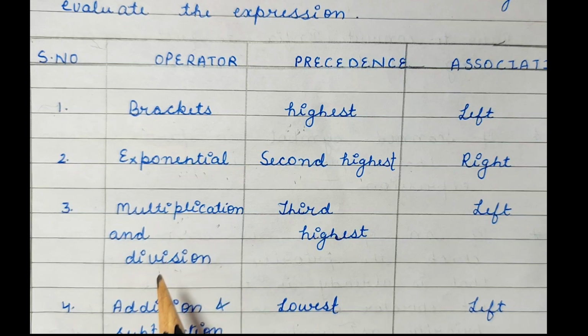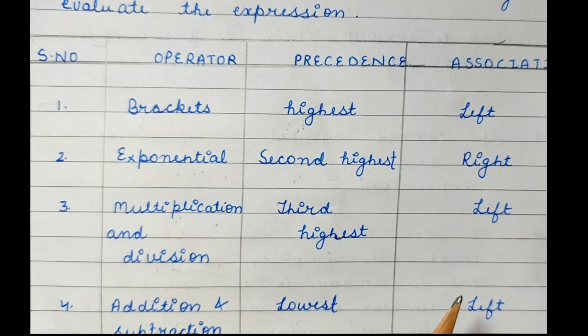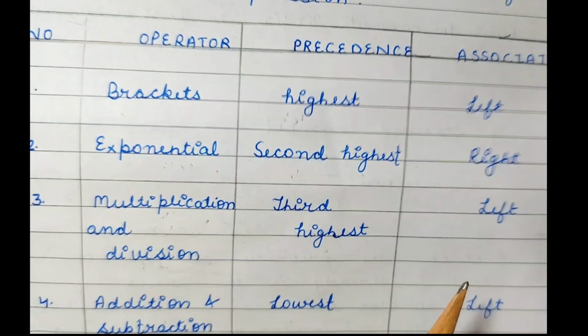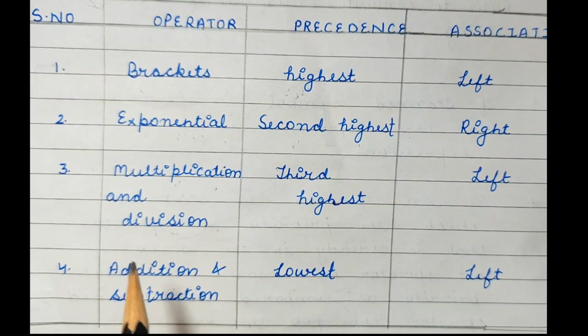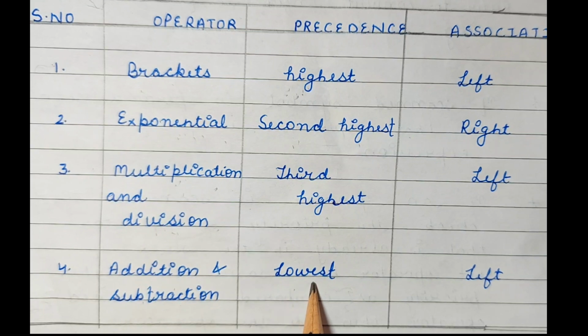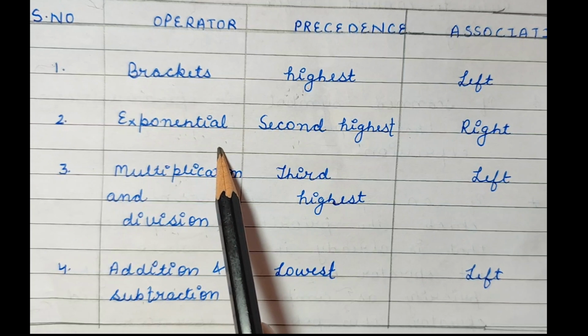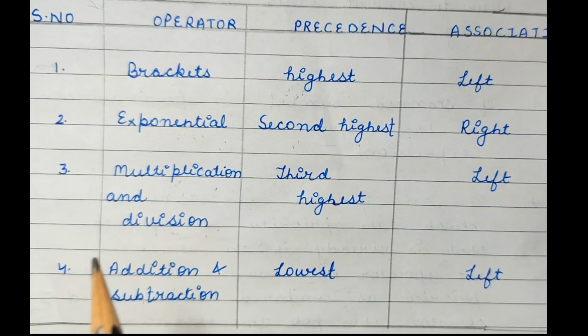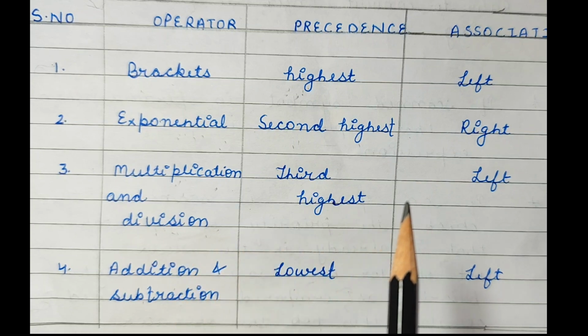Multiplication and division have same priority. If there is a tie between the operators, then we have to move from left to right. We have to scan the expression from left to right in that case. And addition and subtraction have the lowest priority as compared to the multiplication, division and exponential operator. So now we discuss by example how to convert an infix expression into the postfix expression.